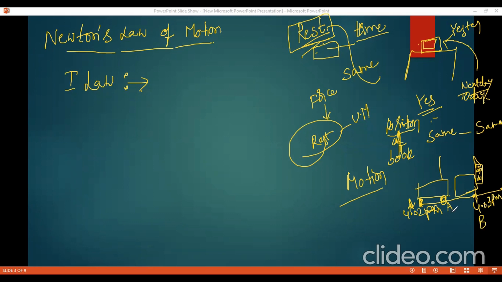So we can easily say that as time goes on, the position of the object is changing here, whereas in the earlier case the position of the object is the same. So what is motion? Motion is a change of position of the object with respect to time.